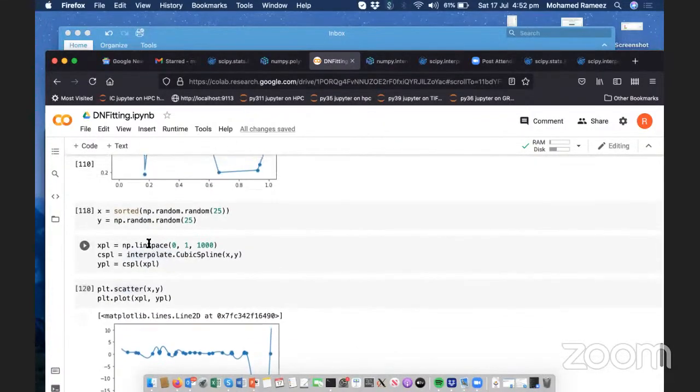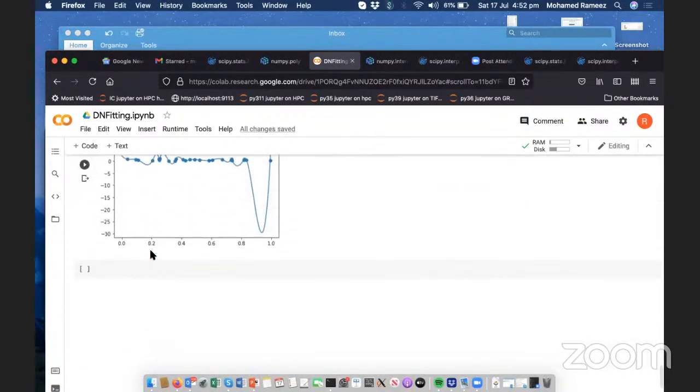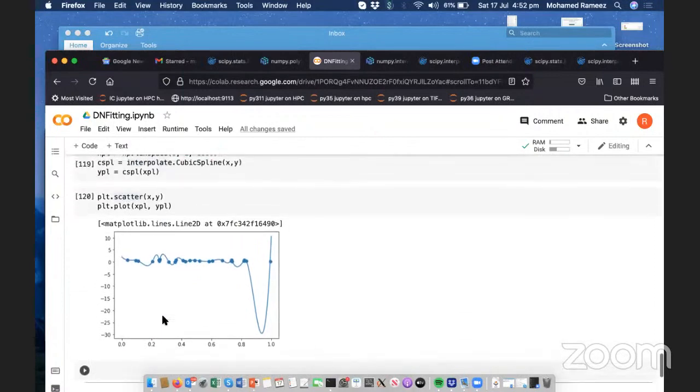So these are different techniques used to fit and project and interpolate data.